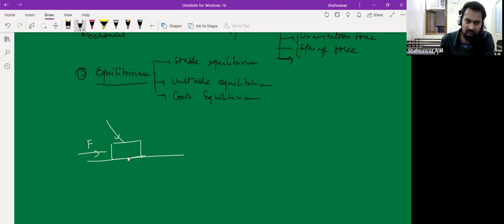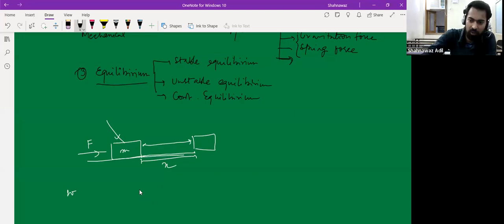Its mass is m, and it displaces some distance x from here to here. So you make the body move, and then you will say that you have done some work. So first thing is, what is the work done?